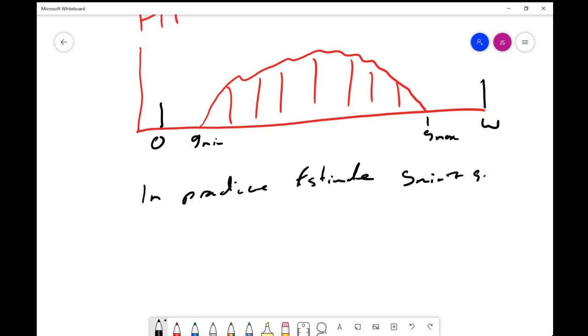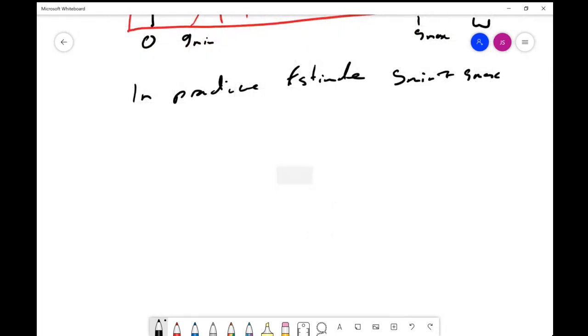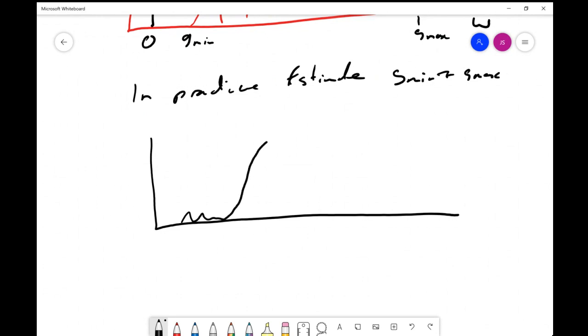and G max. So supposing we have a histogram of the original image, and supposing it goes something like this, and these would be the intensities.